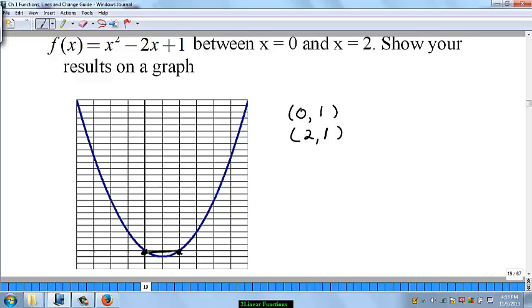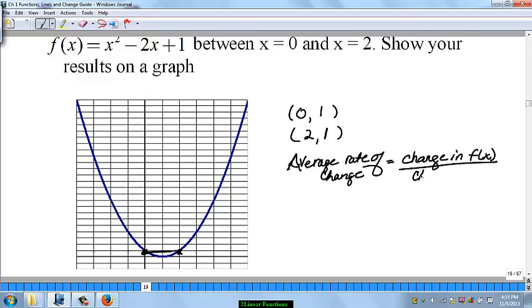Now I want to look for the average rate of change. Well, the average rate of change, which is slope, by the way, I keep telling you that, is going to be the change in f of x over the change in x, or delta y over delta x. So I'm going to just do slope.